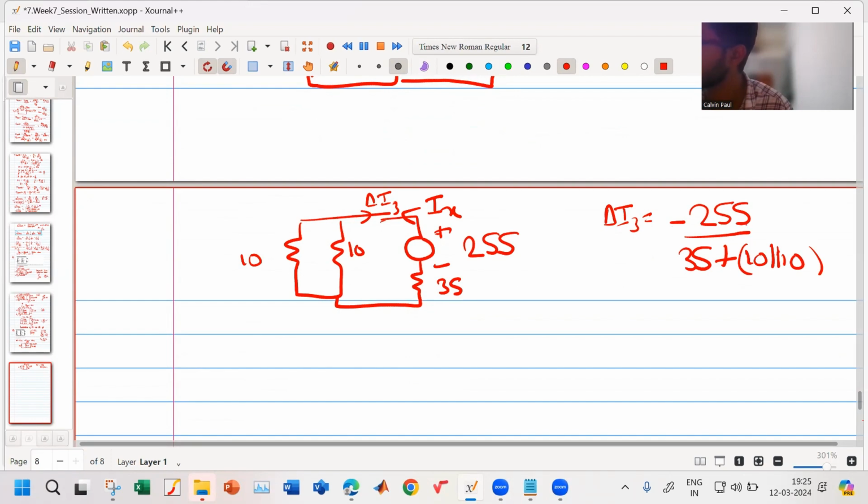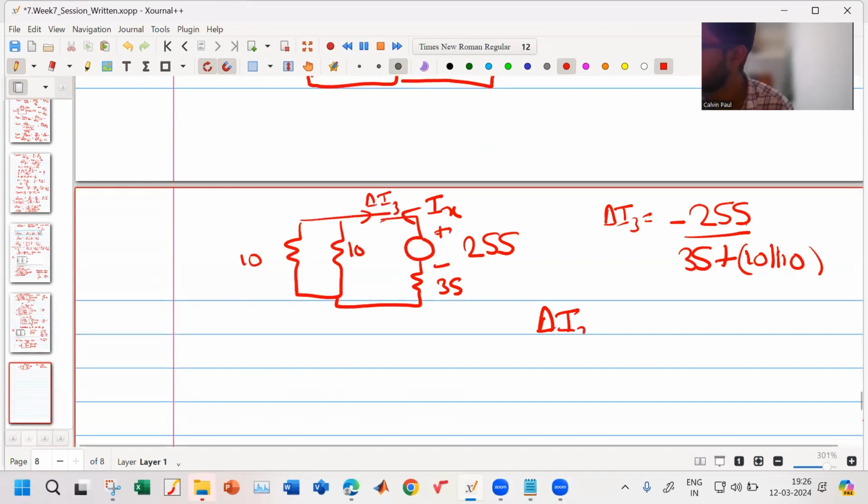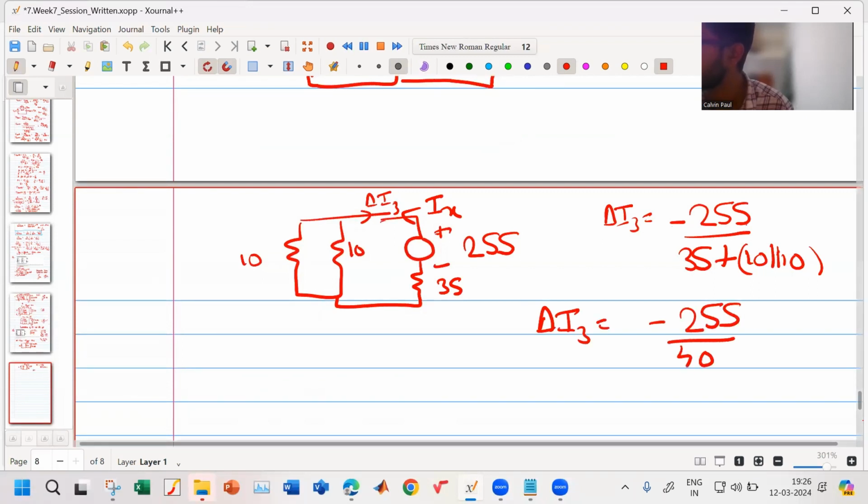So my delta I3 is equal to minus 255 divided by 40. How much is that? Minus 6.375 ampere.